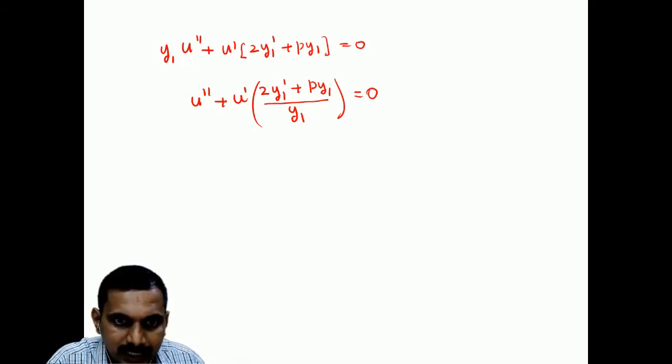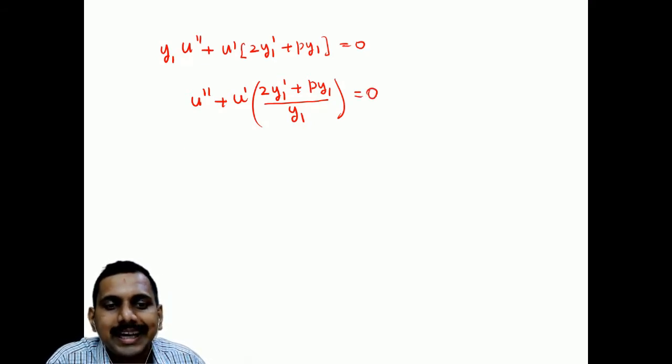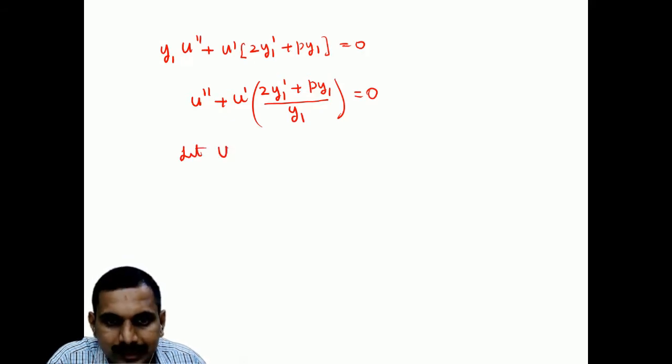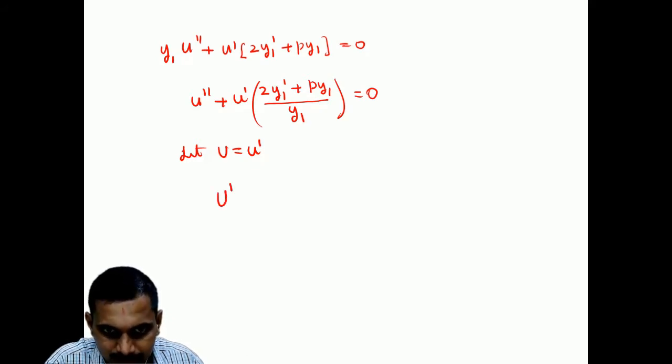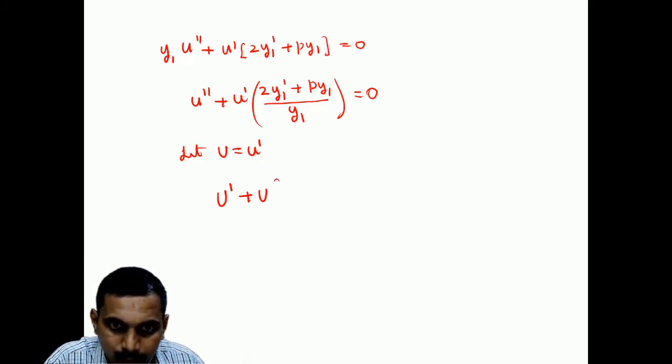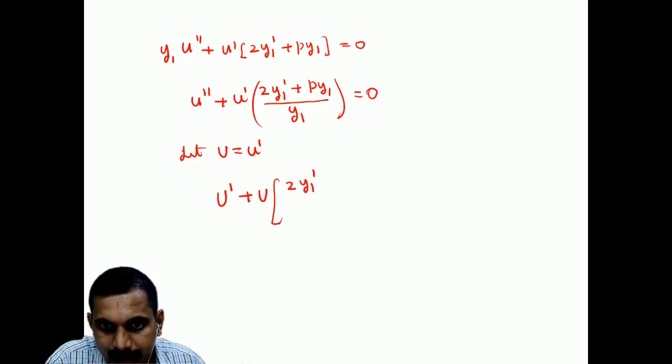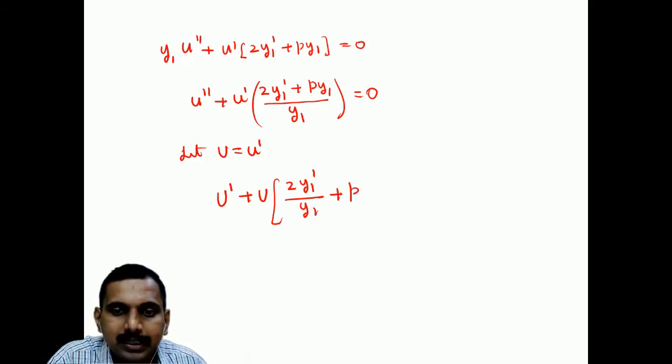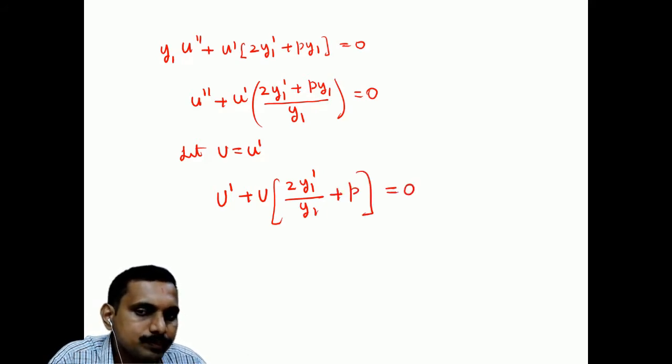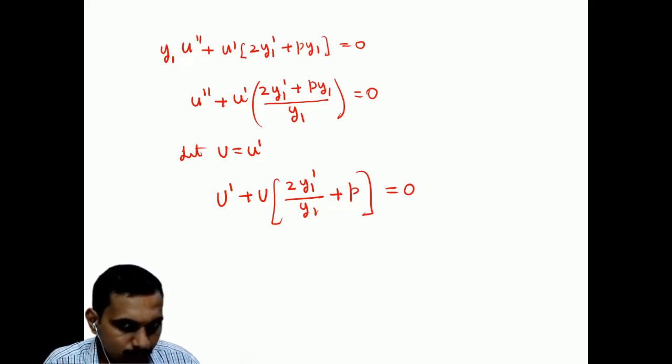Okay. Next, let us substitute. Let U be equal to u dash. If I do that, then what happens? This becomes capital U dash, this is small u, plus u into 2 times y1 dash by y1 plus p is equal to 0. Okay.